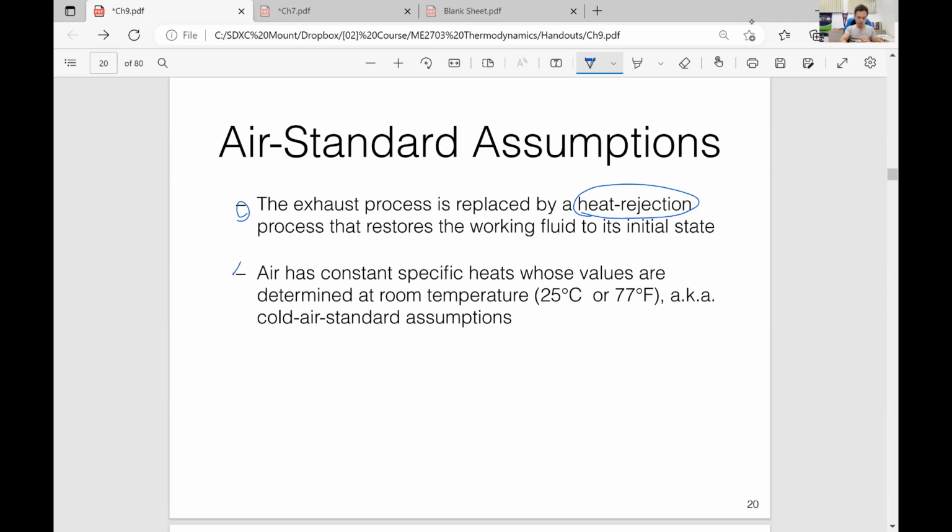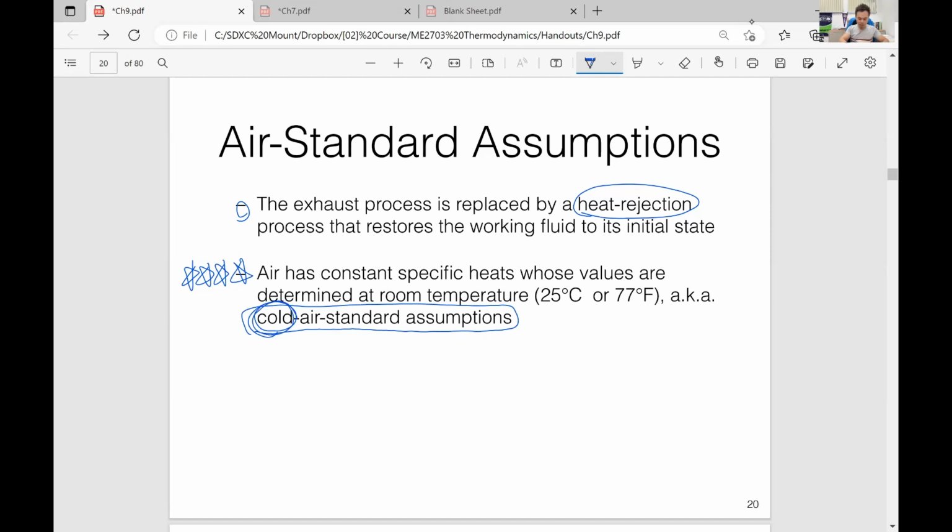And the last one, the most important: air has constant specific heats whose values are determined at room temperature. If this condition applies, then we call this the cold air standard assumption.